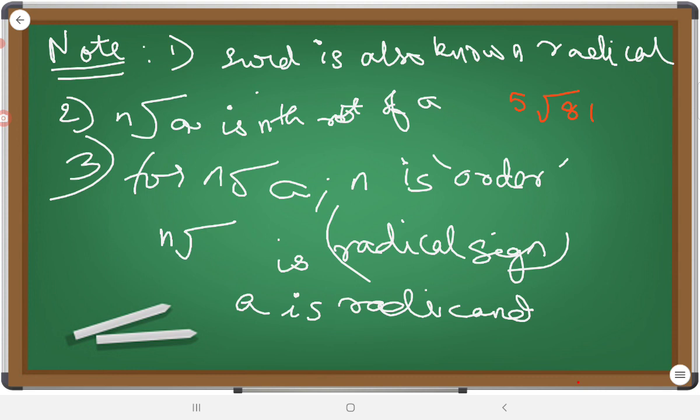For the fifth root of 81, 5 is the order, and the root symbol is the radical sign. Here 81 is the radicand. So we got them, and this is read as the fifth root of 81.